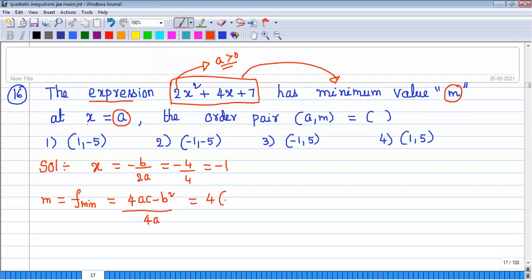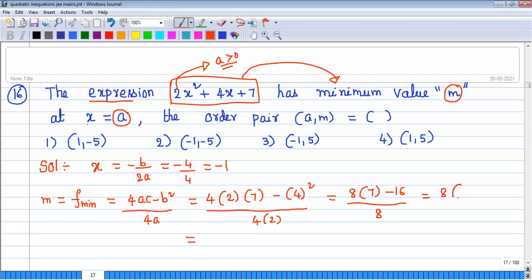So 4 into a is 2, c is 7, minus b square, 4 square, upon 4 into 2. This is 8 into 7 minus 16 upon 8. Take 8 common. We get 7 minus 2 upon 8. 8 will cancel out. We have 5.